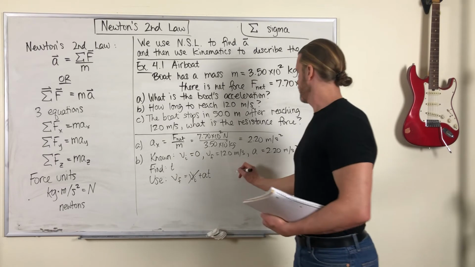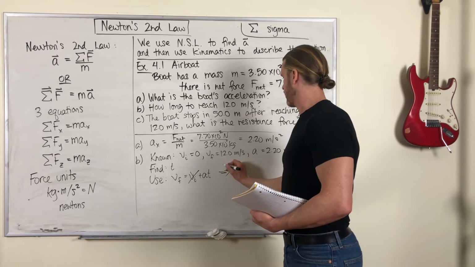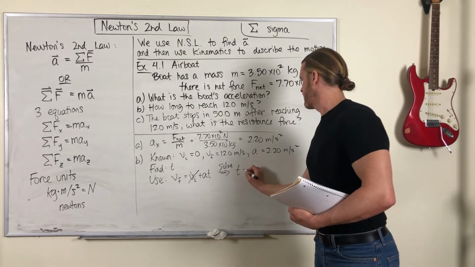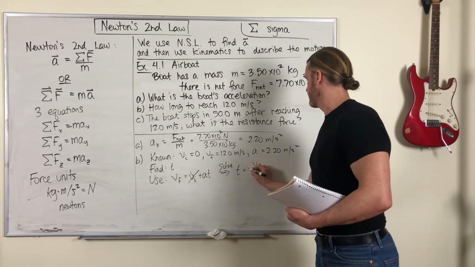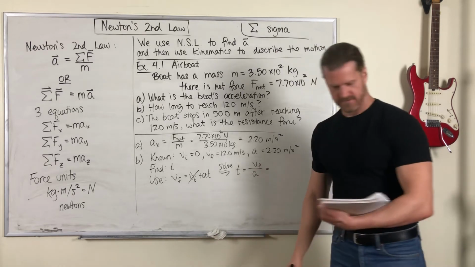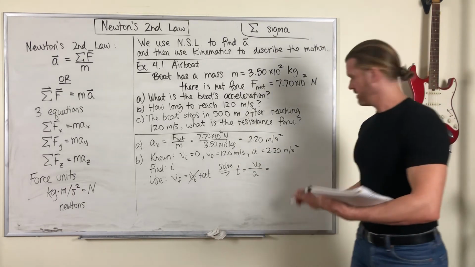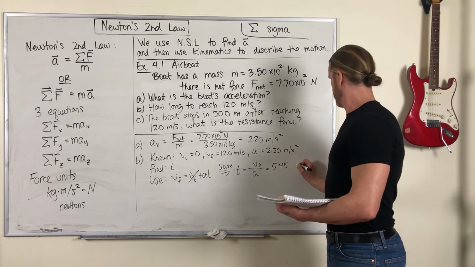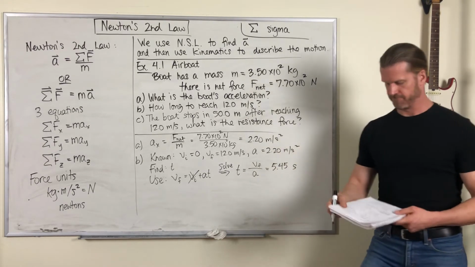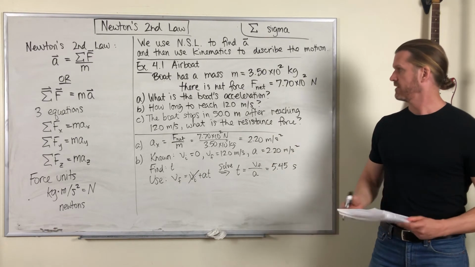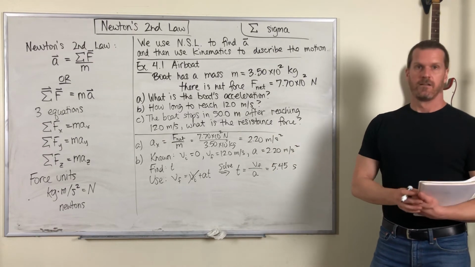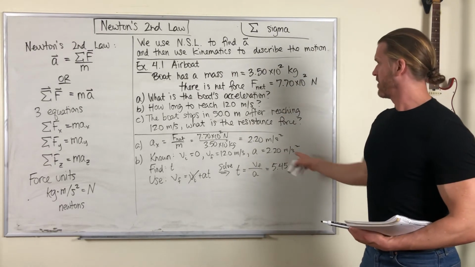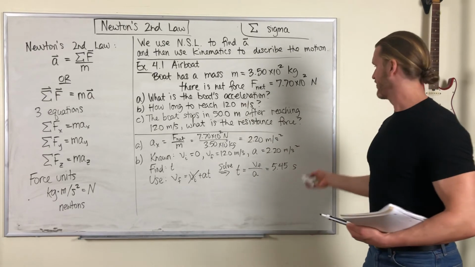The initial is 0, and we solve this equation, and we find that the time is V final over A, which is 5.45 seconds. Okay. Now I'm going to erase this stuff to create some room to do part C.